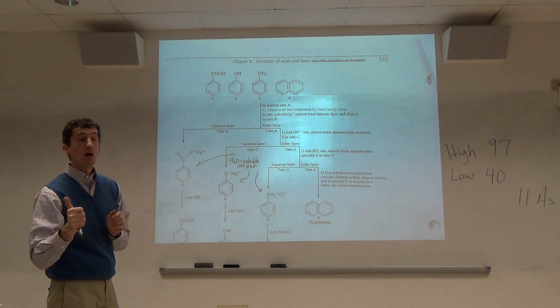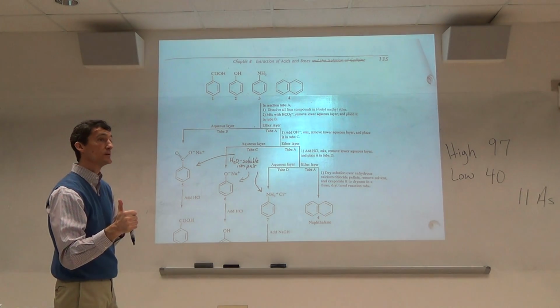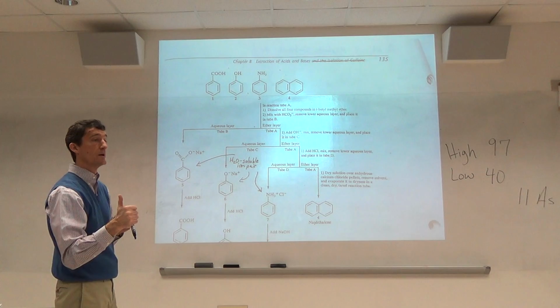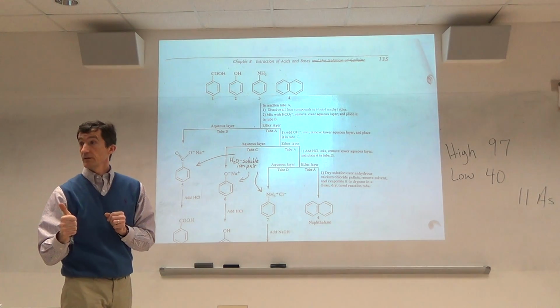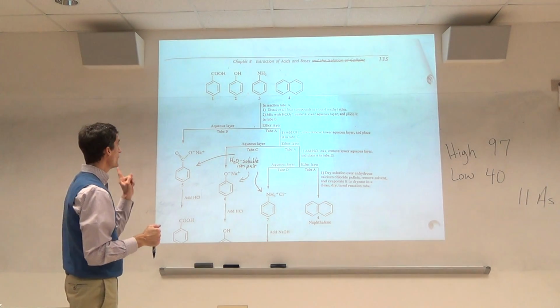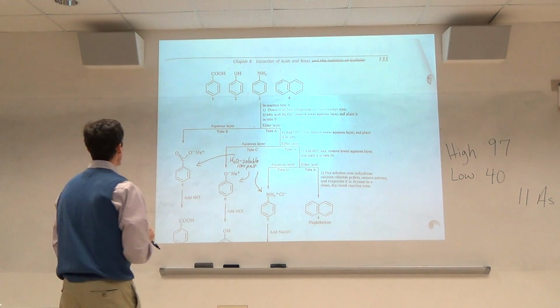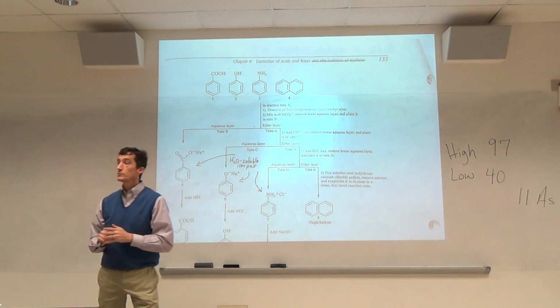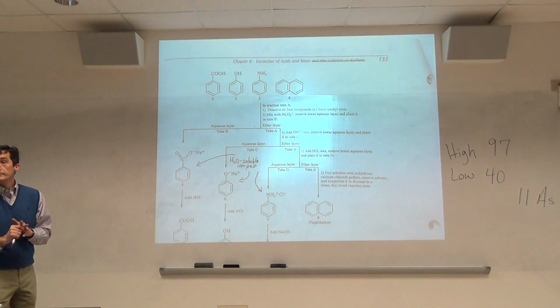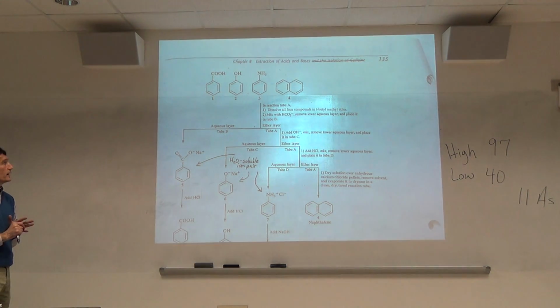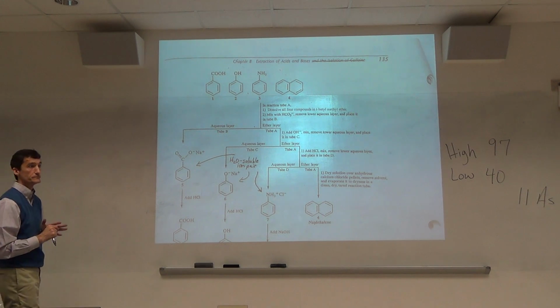Well, here's your first answer. Bicarbonate layer is aqueous. Which one will go into the aqueous layer? The one that becomes ionic in the presence of bicarb. Which one will become ionic in the presence of bicarb? Somebody said 1, 2, and 3. Not 3. 3 is a base. Bicarb is a base.